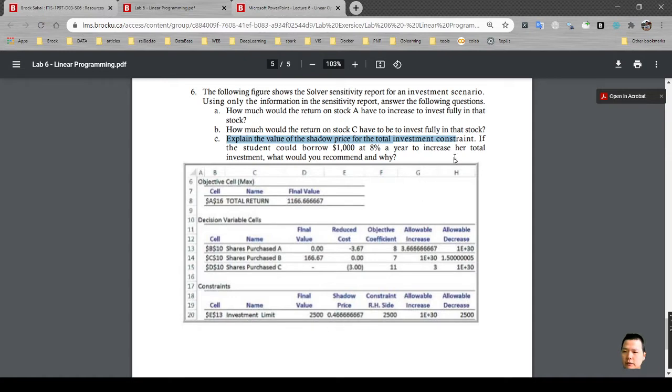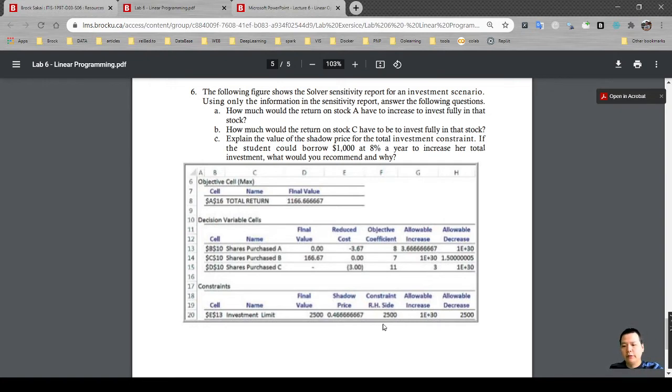Next, the value of the shadow price for total investment, right? If the student could borrow 1,000 at 8% a year, what is the shadow price? Shadow price is, for every unit we can increase on a constraint, how much we can increase in the total value. Originally we have 2,500 in total, and at most we can invest more.